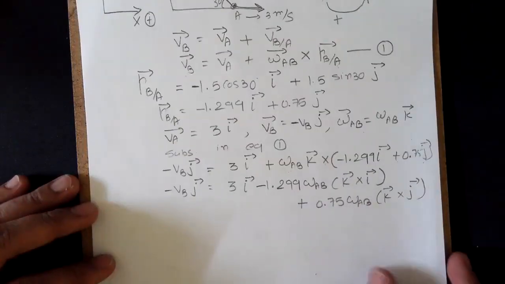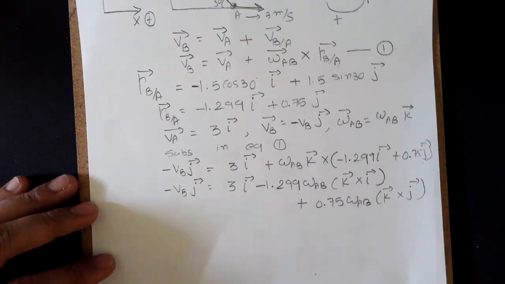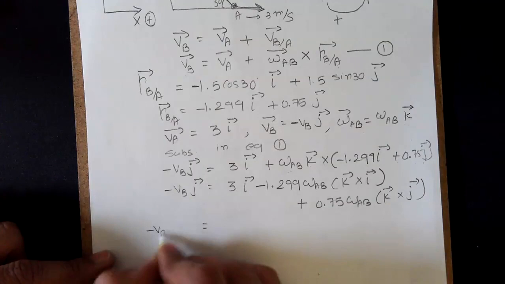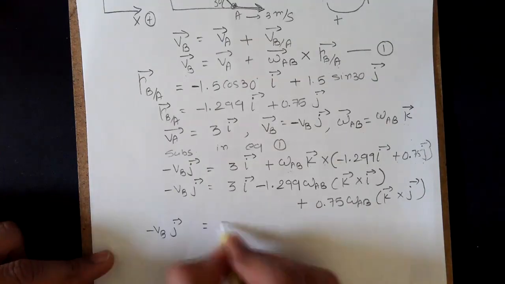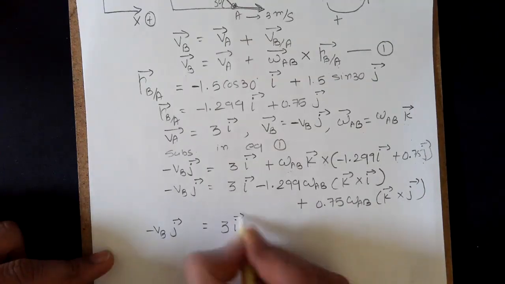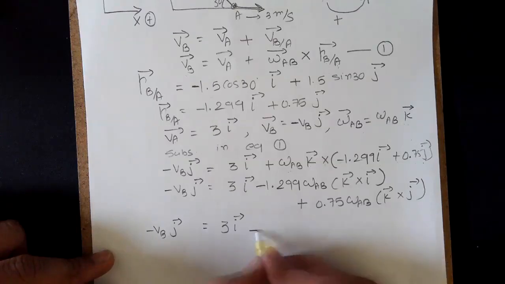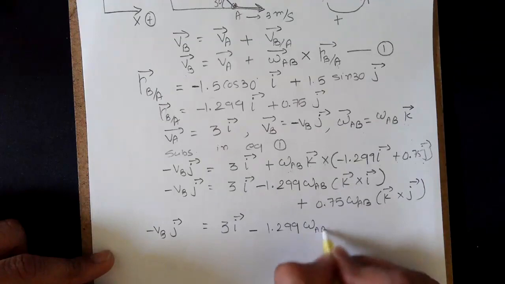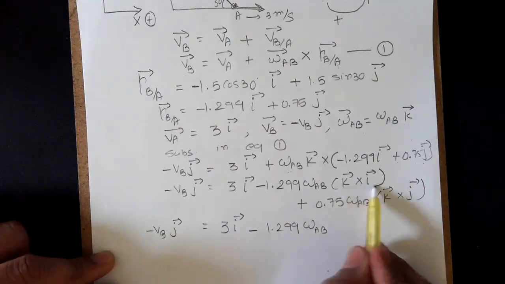I hope so far so good. Then the next step is minus VB j equals 3i minus 1.299 omega AB. Now it's k cross i.